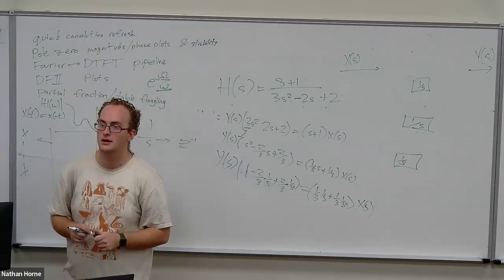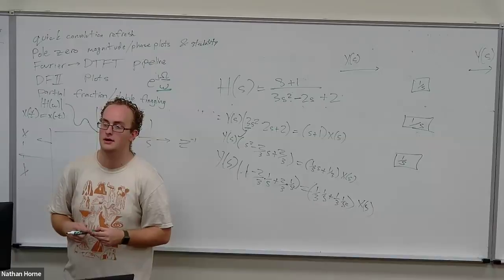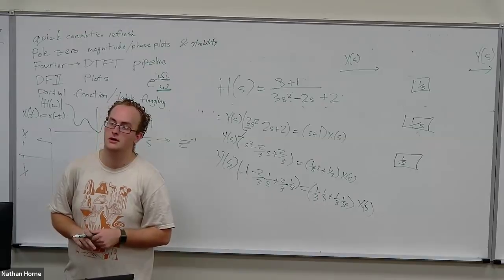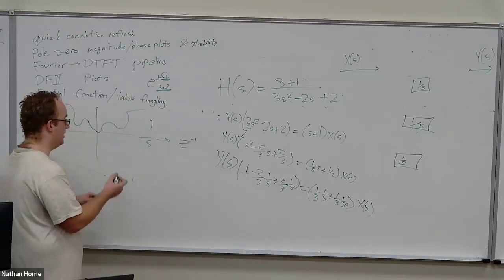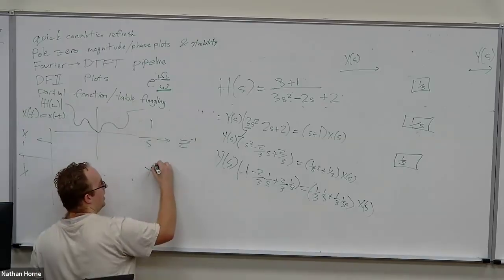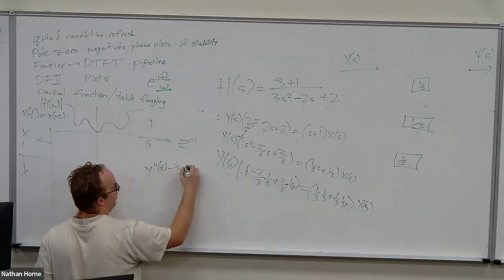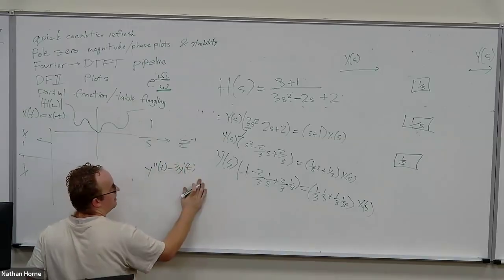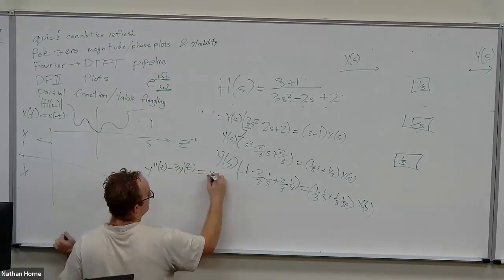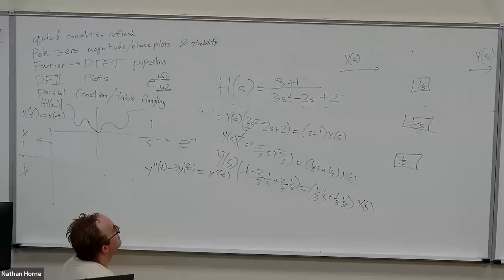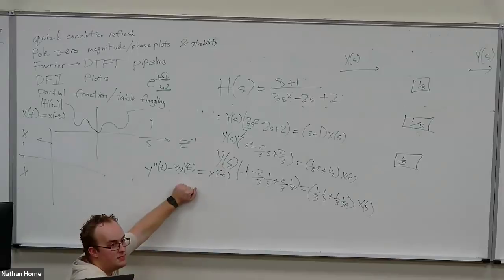There was one where the form of it was like we had the derivatives. Like we had y, and then y the first derivative, y the second derivative. You think like y double prime of t minus 3y prime of t equals say x prime of t, something like that. So this is like the continuous time version.